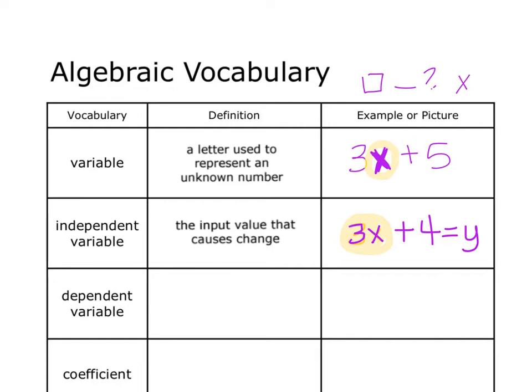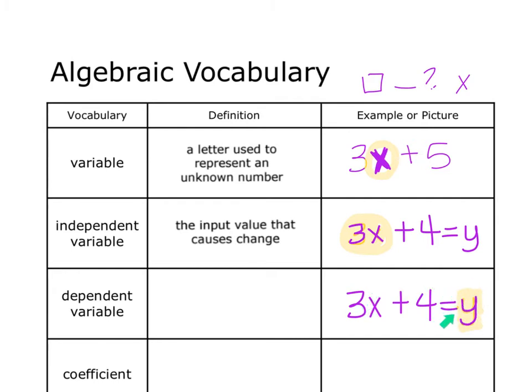So when we get to the dependent value, we're going to write this same equation right down here. So I went ahead and did the example. We wrote the same equation. This y is dependent on whatever x is. So this is our independent, this is our dependent. If x is 5, then this would be 19. If x is 2, then this would be 10.